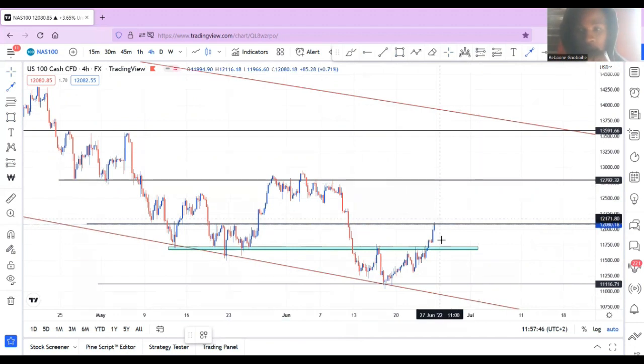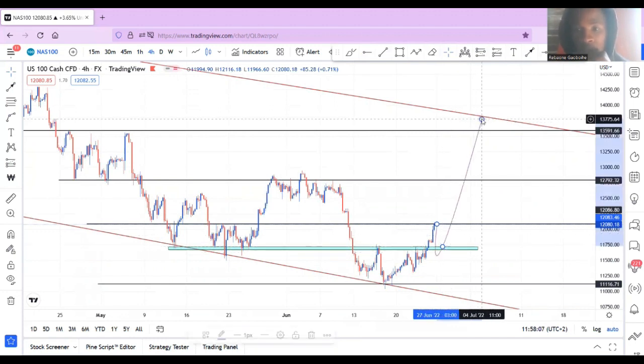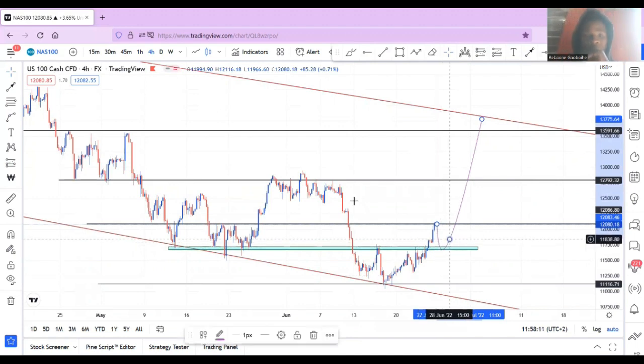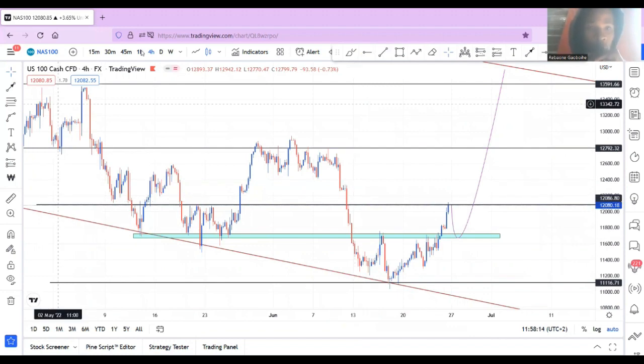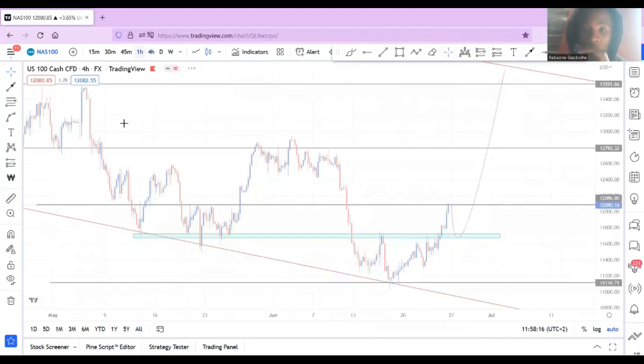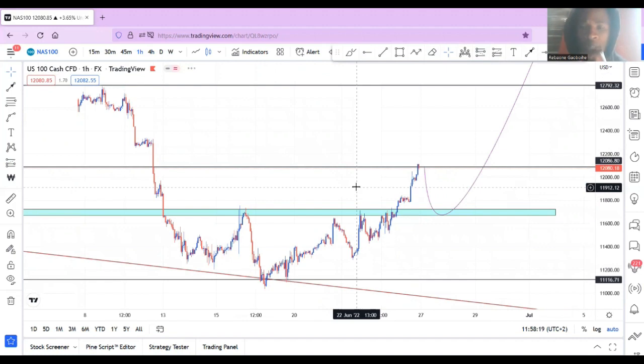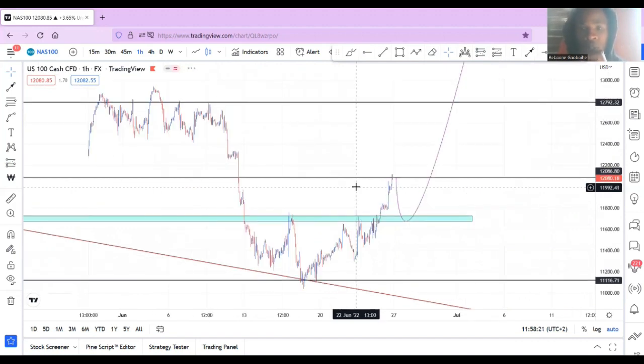We are looking for a retest before overall buying opportunities, right? This is what we are looking for. This is what I am looking for towards the new week, right? So the market will decide how long it takes to reach our target, which is there at the top.